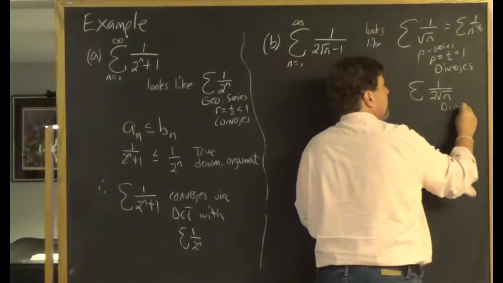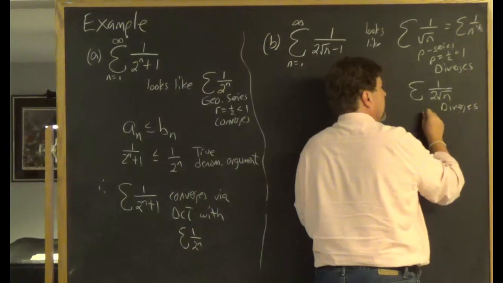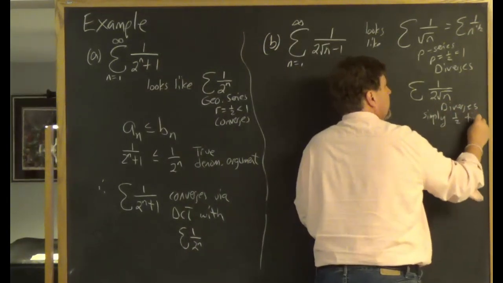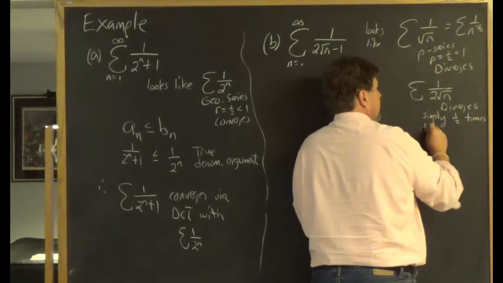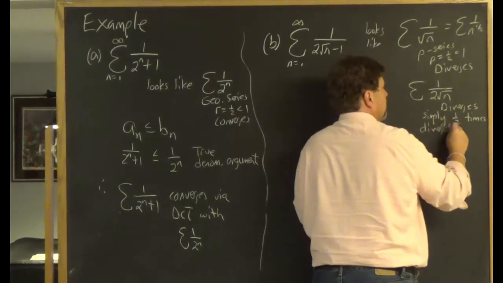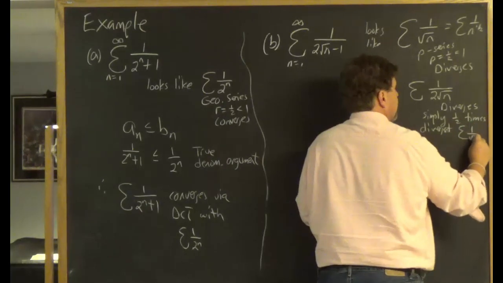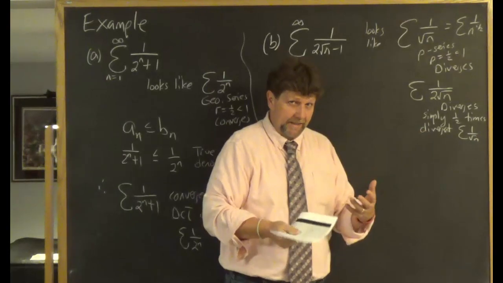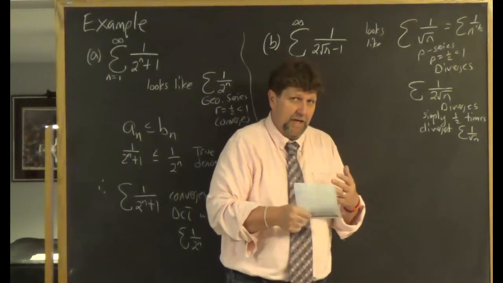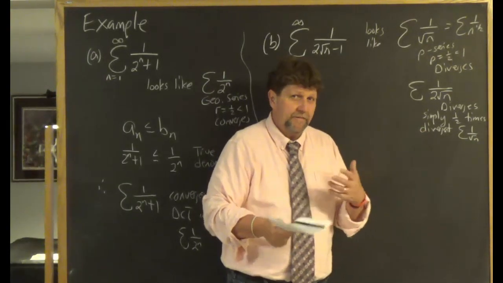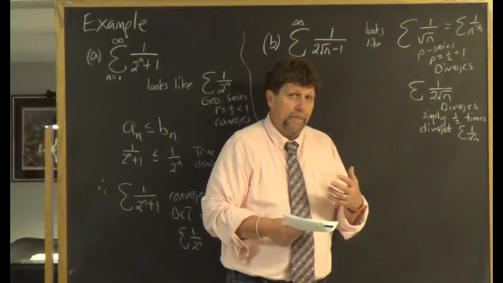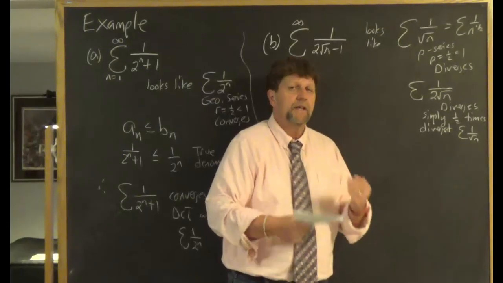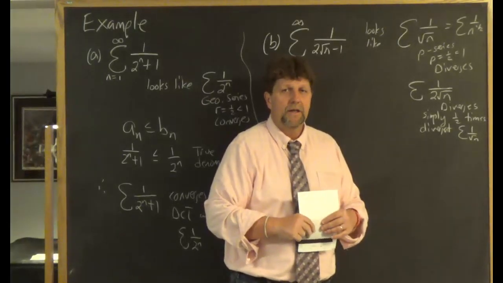I know that it diverges because it's simply 1/2 times the divergent series 1 over the square root of n. Remember, multiplying a series by a non-zero constant doesn't affect divergence or convergence. You take a divergent series, multiply it by any non-zero number you want, you still have a divergent series.